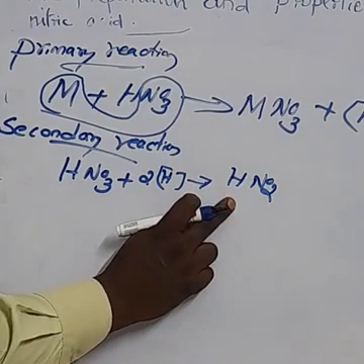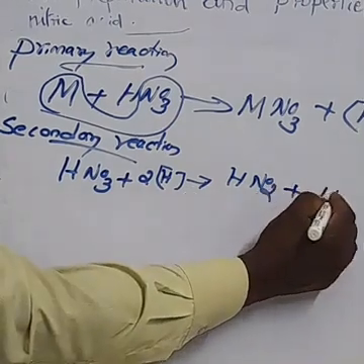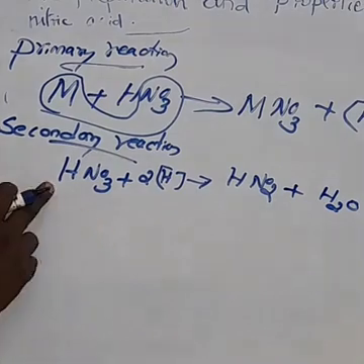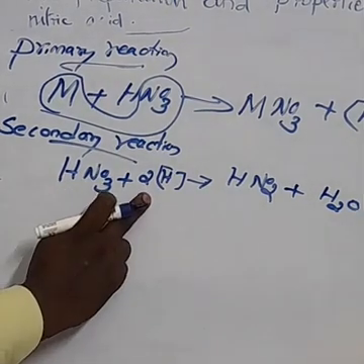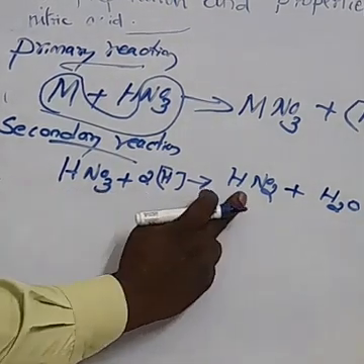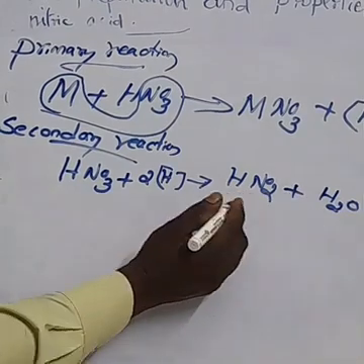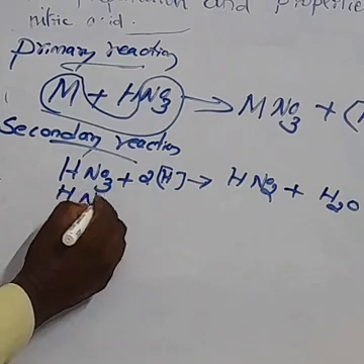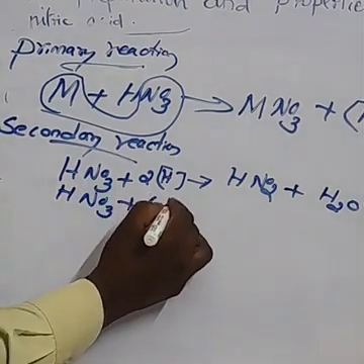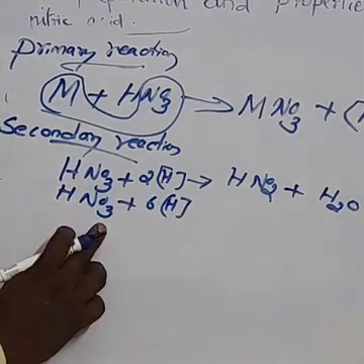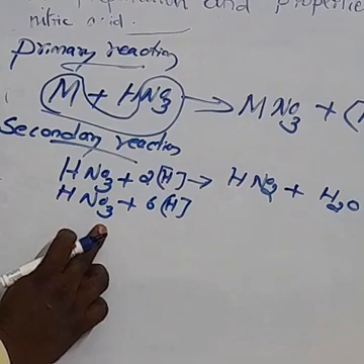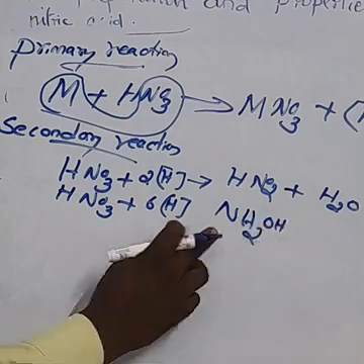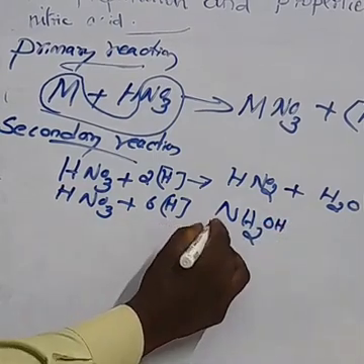Nitrous acid. Here, nitrous acid plus water. This is the second reaction. Nitric acid reacts with 2H to give nitrous acid plus water. Next, nitric acid reacts with 6 hydrogen to form hydroxylamine, formula NH2OH. Hydroxylamine. Okay.